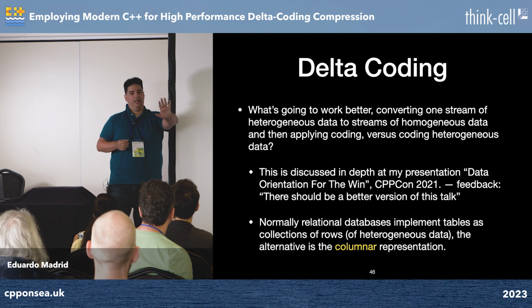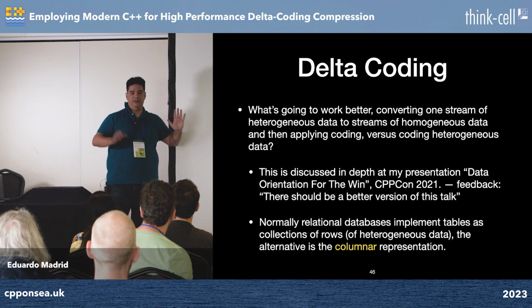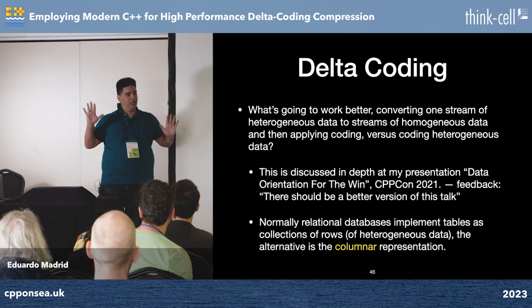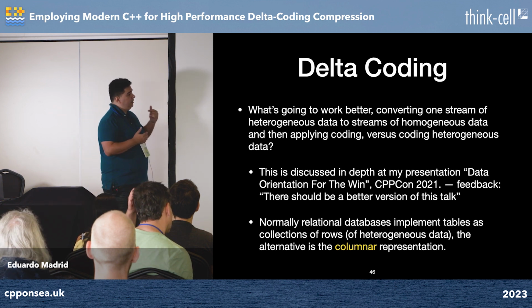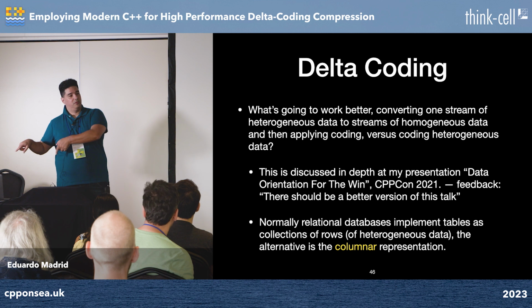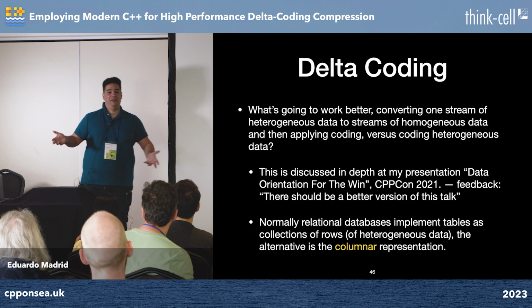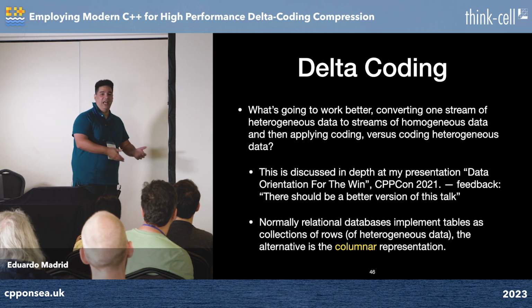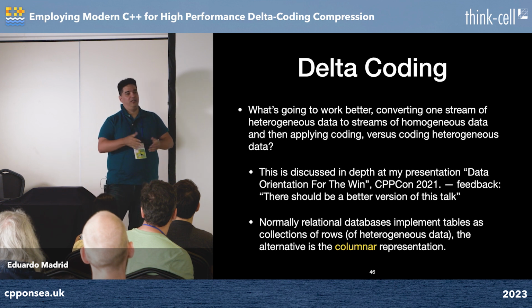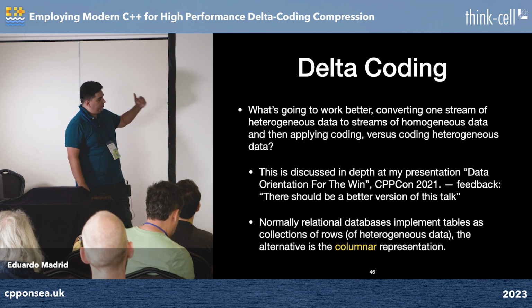You can split that and keep a stream of homogeneous order types of all of the messages that you get, and all of the prices. So you get them homogeneous. Very obviously, the conversion of heterogeneous streams to collections of homogeneous streams is going to be very beneficial. But alas, the language doesn't help us again, because we don't have the way to do that data orientation scattering. And this is something that I discussed in depth in my presentation, Data Orientation for the Win, CppCon 2021.